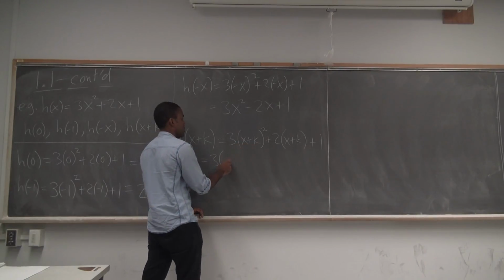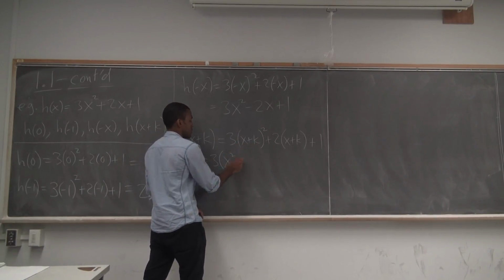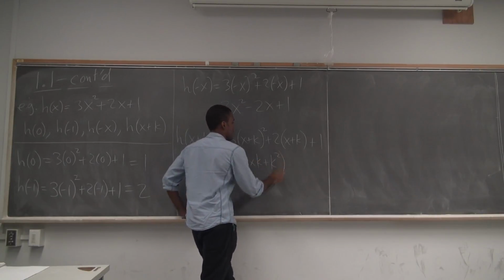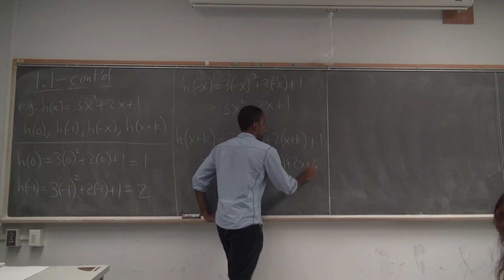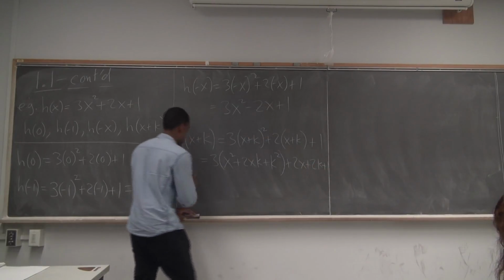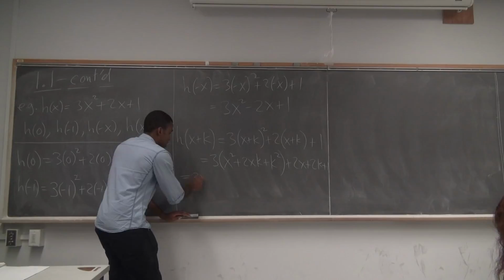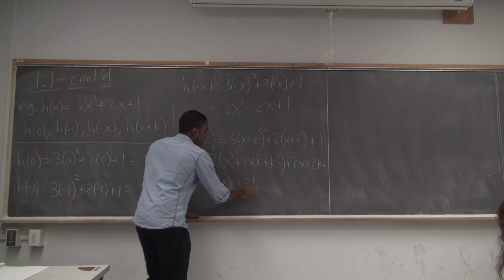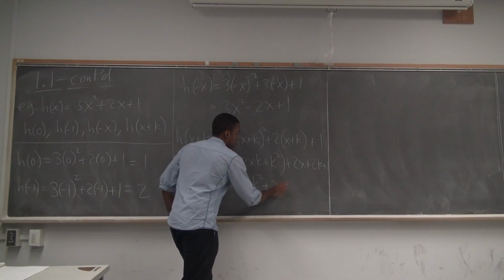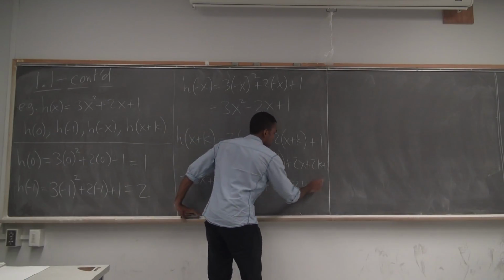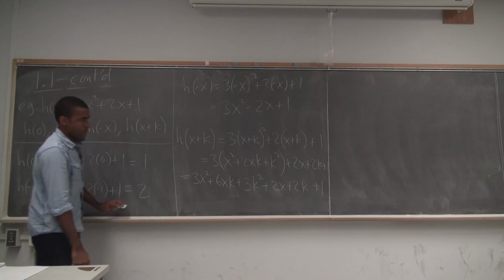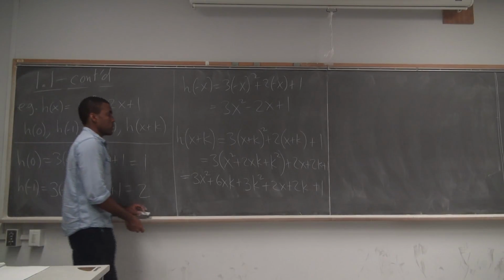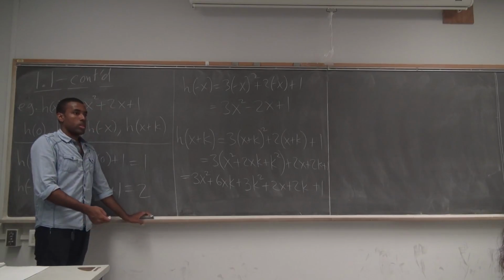This becomes x squared plus 2xk plus k squared, plus 2x, so this becomes 3x squared plus 6xk. Can you combine any like terms there? No. Okay. Questions?